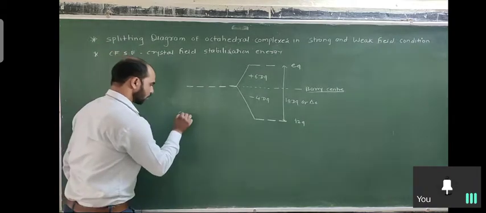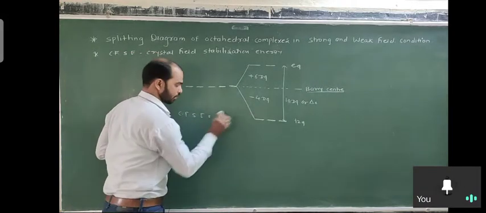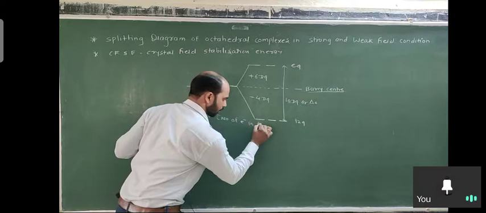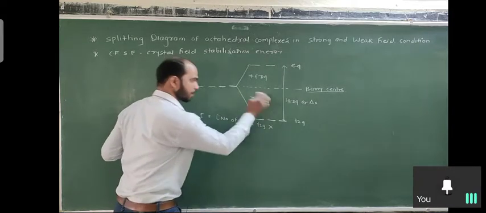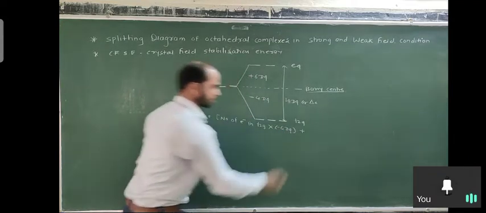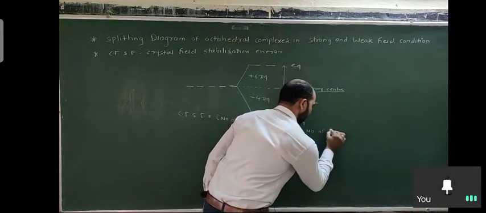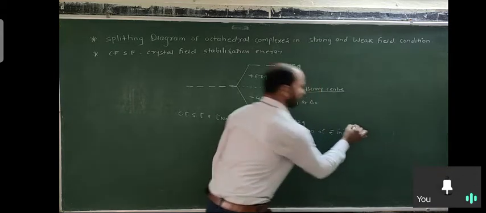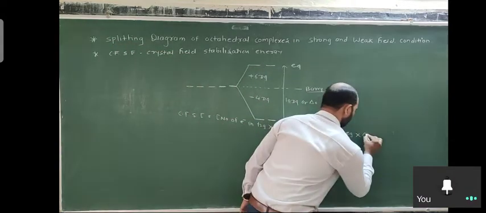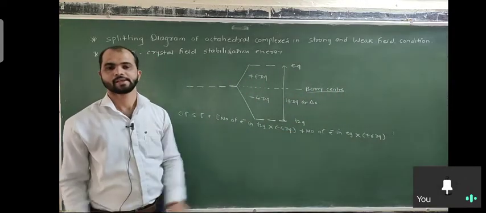CFSE is the number of electrons in T2g into the energy per electron, minus 4 Dq, plus the number of electrons in Eg into the contribution of each electron in Eg, plus 6 Dq. The total result of this is the CFSE.